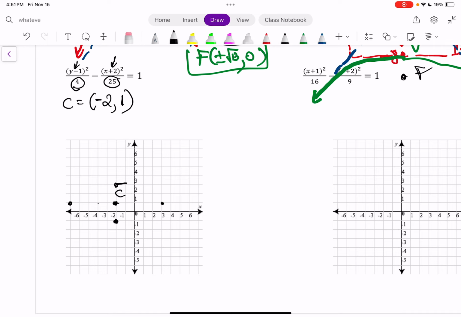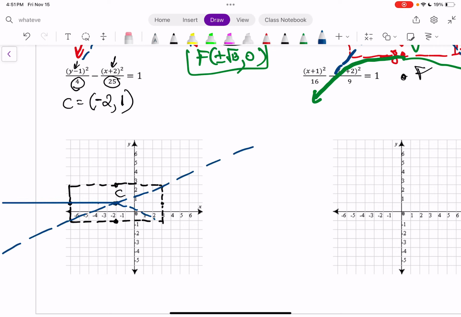Okay, so I'm using these points to draw a rectangle, and I'm using this rectangle to draw its diagonals. Those diagonals are the asymptotes. Okay.